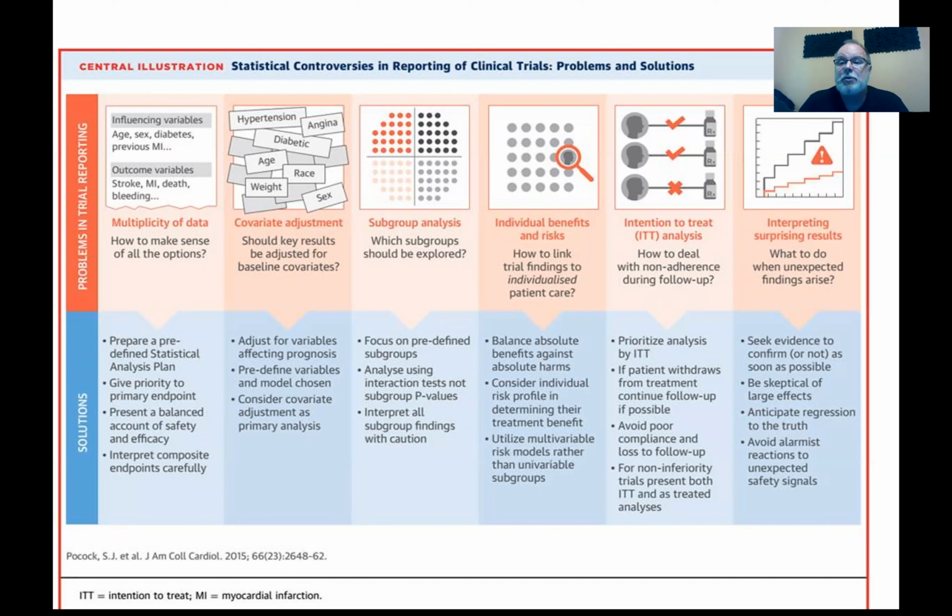So the first thing we do is we prepare an SAP, a statistical analysis plan. And there are so many advantages to that. It's really important nowadays to have that as a document. You give priority to the primary endpoint. The other highlight here is in the second column, the first heading, adjust for variables affecting prognosis.